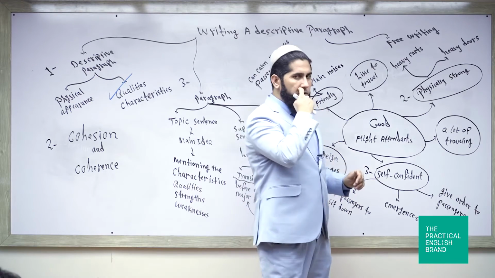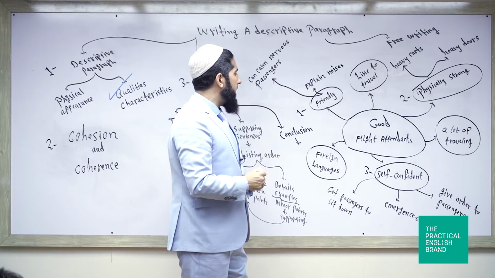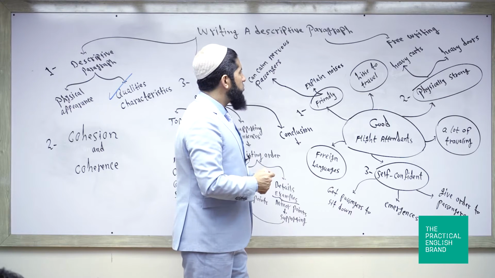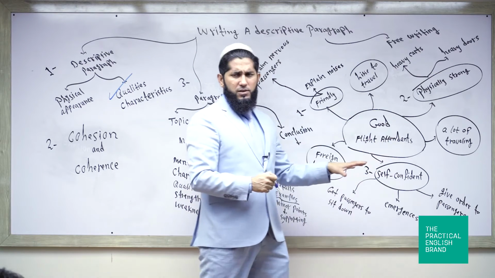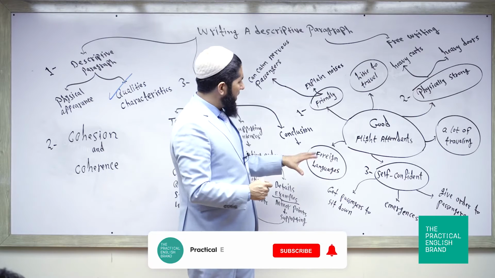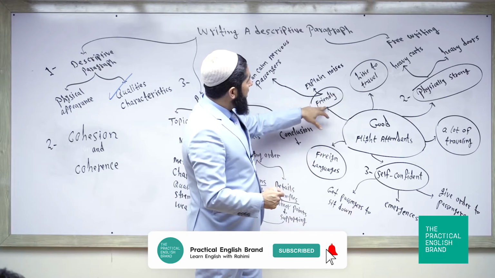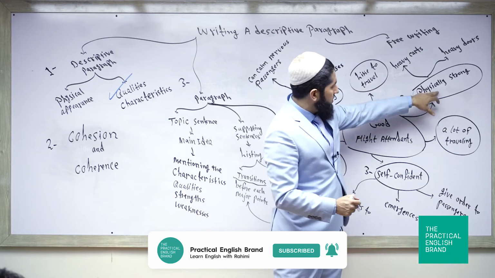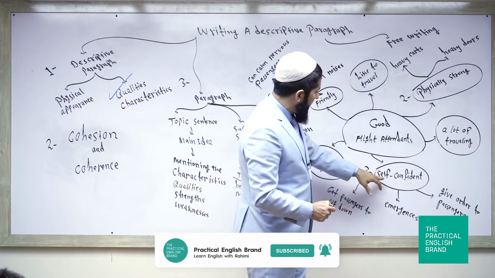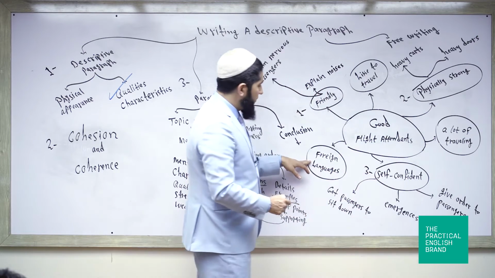And now the author decides to cross out some of these ideas. So now, for example, at first they had friendly, like to travel, physically strong, a lot of traveling, self-confident, and foreign languages.